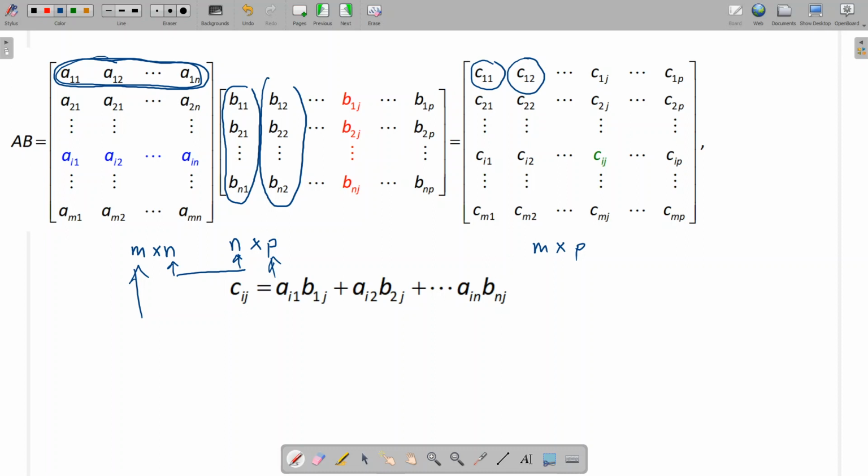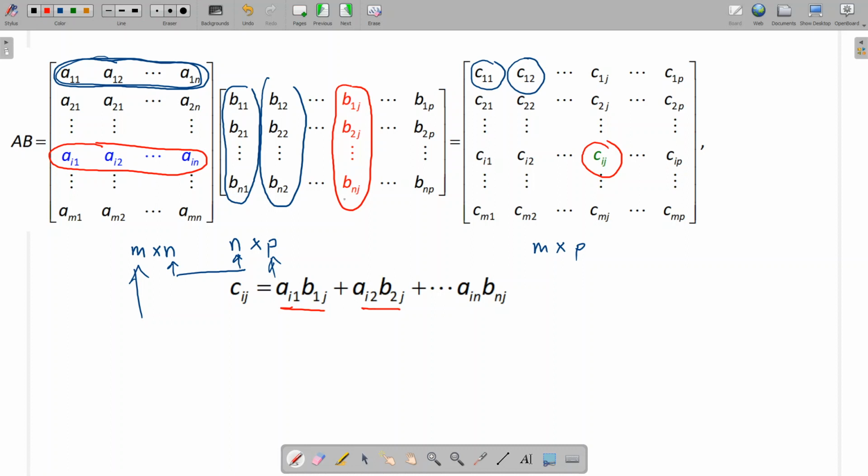Okay, so what about a general element? A general element, remember, would be something like this guy. This is the element in the ith row and the jth column. So to get this, we would need the ith row of matrix A, and it would be multiplied by the jth column of matrix B. And again, it would be this element times this one. A sub i1 times B sub 1j. That's written right here. Then A sub i2 times B sub 2j, second element.